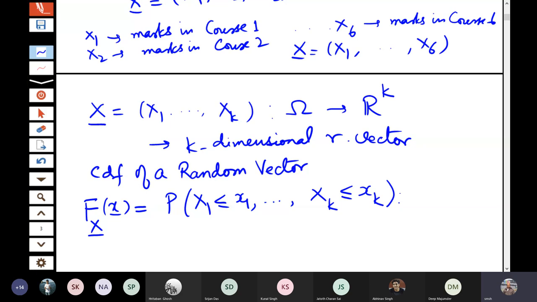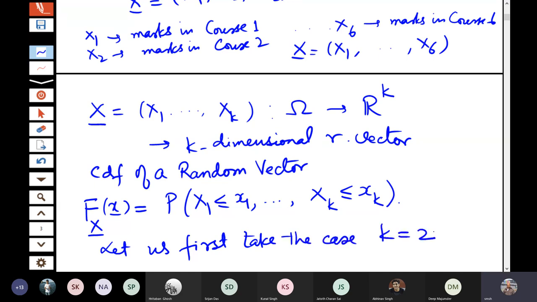For convenience of teaching, let me take up the two-dimensional case first, and then we will extend the ideas to k dimension. For explanation purposes, let us first take the case k equal to 2.